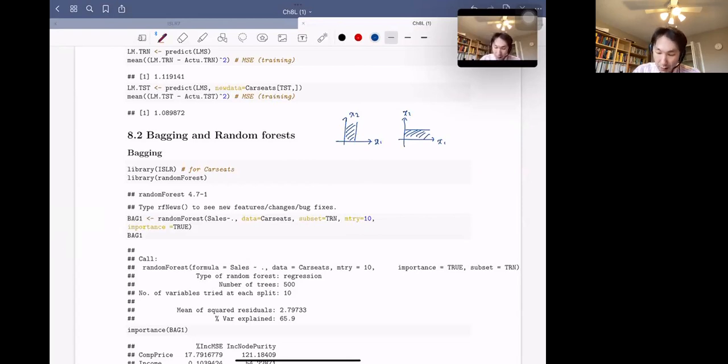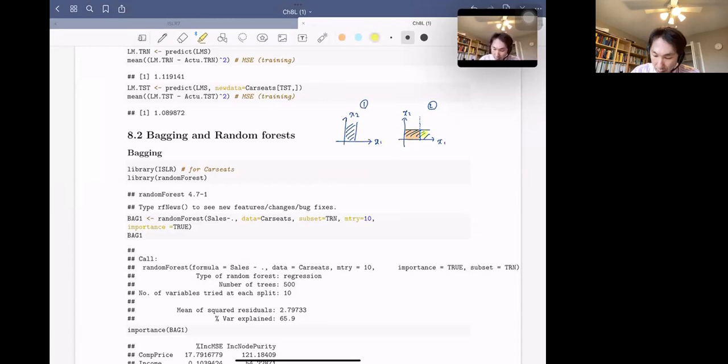Suppose this is the first tree and this is the second tree. I put the information of the first tree in the dotted line. Then you can see that this area is predicted as true for both trees, so we have a higher fitted probability.